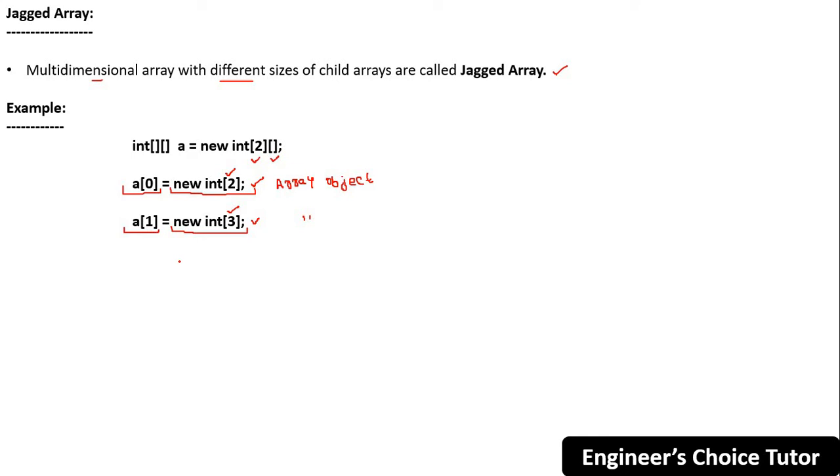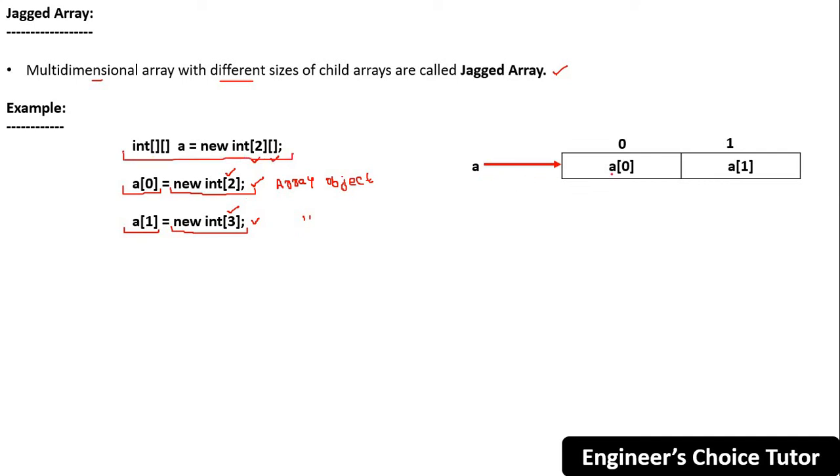So see the picture how it will work. For this line it will create this. Okay, one array will be created. This is the 0th index, this is the 1 index. Means to access this element a[0], to access this element a[1], and a is pointing to this array. Is this clear?